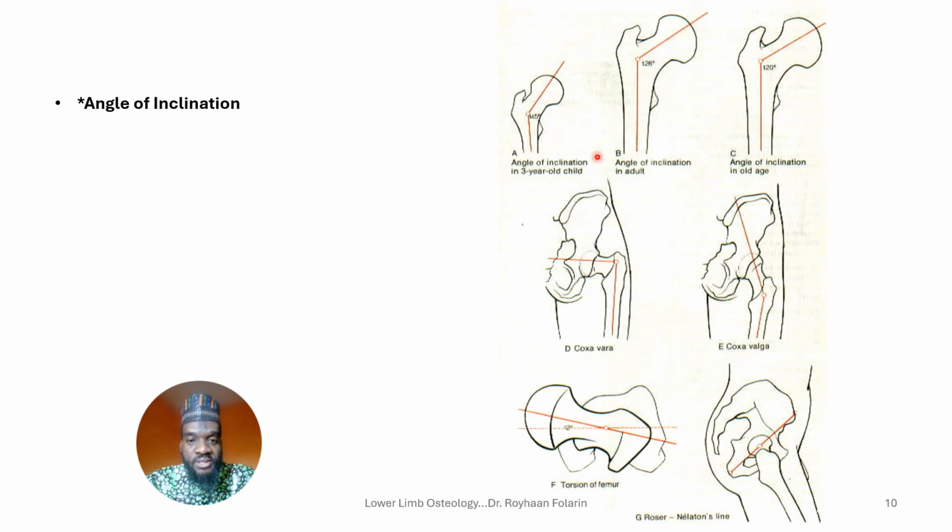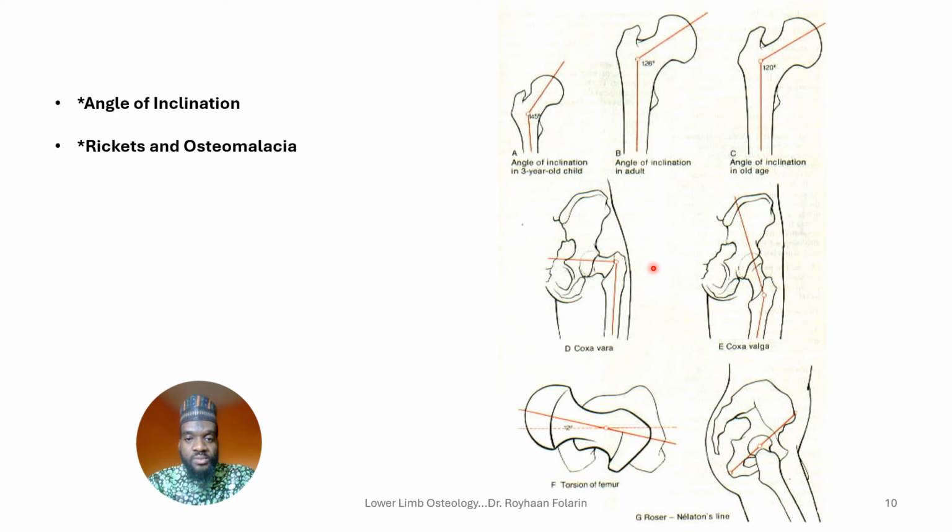But in kids, in a 3-year-old, for example, the angle of inclination is larger, so it starts to decrease as a person ages. So here is the angle of inclination in an adult, and here it is in old age. It has reduced further to about 120 degrees.